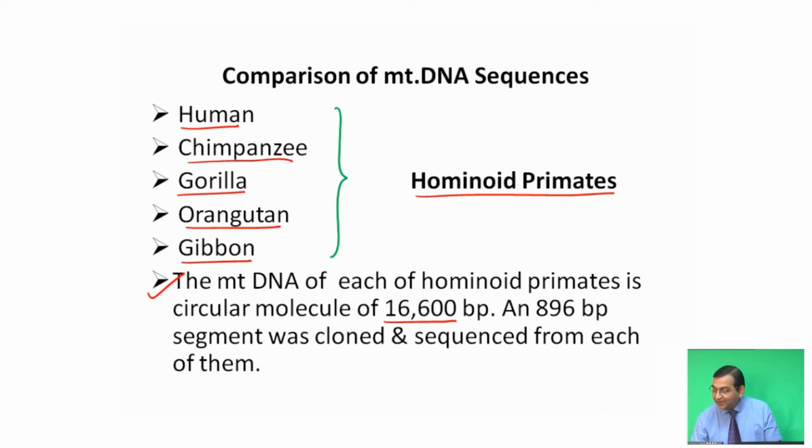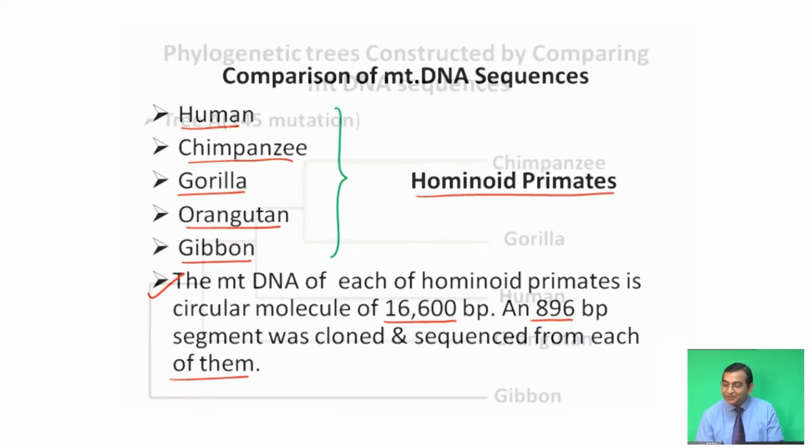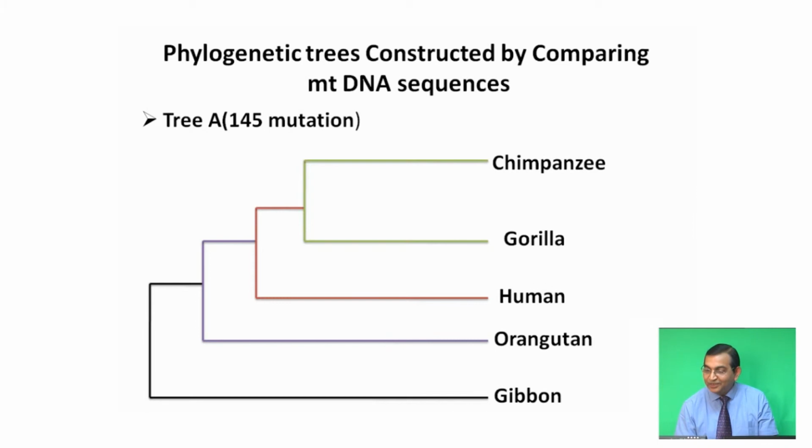An 896 base pair segment was cloned and sequenced from each of them. On the basis of this, a phylogenetic tree has been constructed by comparing the mitochondrial sequences.